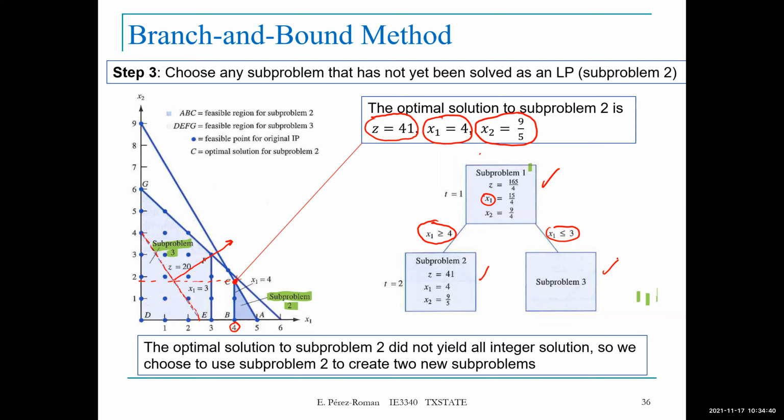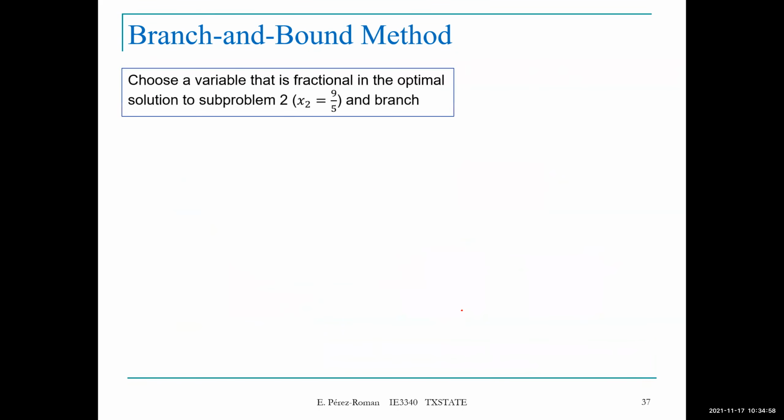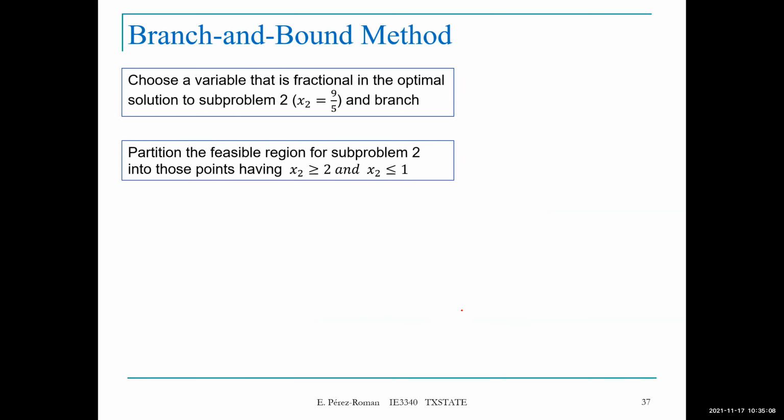Now we're going to continue branching in this direction because we know we are making progress. Now we have a decision variable that is integer. What if we branch on x2 and can obtain also an integer solution for x2? That's what we're going to attempt now. Choose the variable that is fractional in the optimal solution to subproblem 2. That will be x2 equals 9/5. Partition the feasible region for subproblem 2 into those points having x2 greater or equal to 2 and x2 less than or equal to 1.